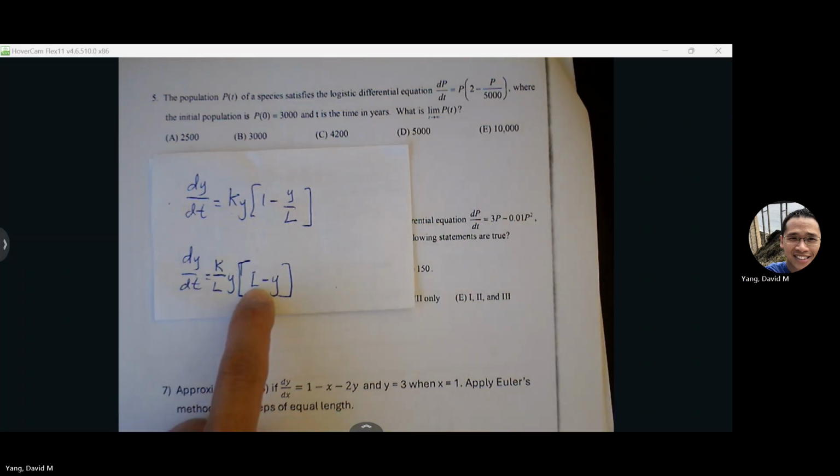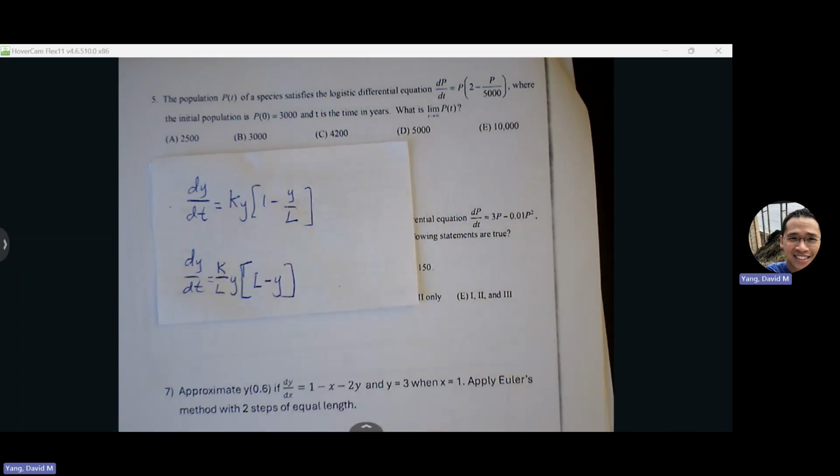There's more than one way to do this. I just decided that I wanted to factor out 1/5,000, clear out all the denominators, and then I can get my expression inside to look like parentheses L minus Y, and I can just pick out the L value.